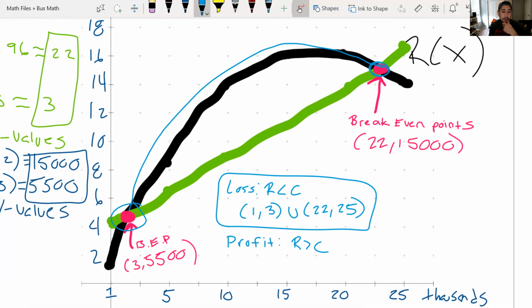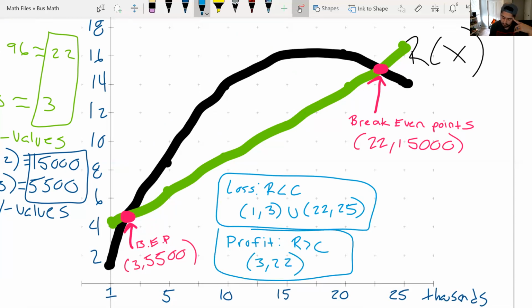So this means that our profit is going to be from the break-even X value of 3 to the break-even X value of 22. (3 to 22). There's profit.